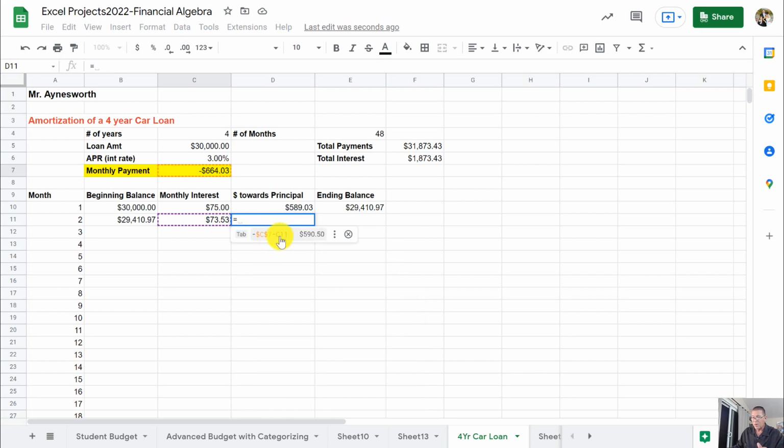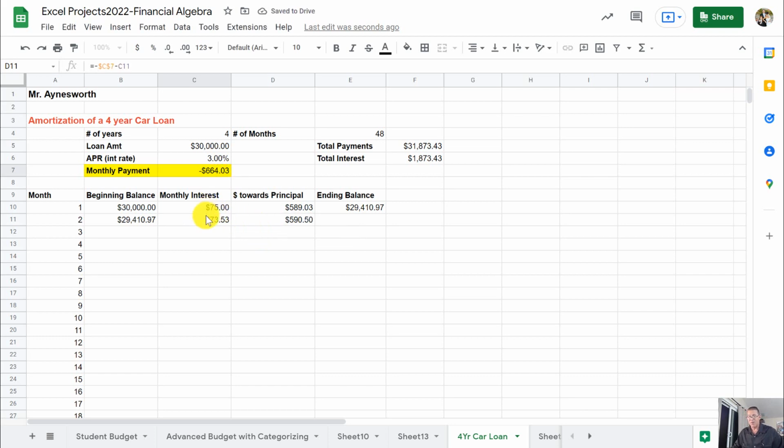Now notice it's giving you a suggestion because we did this earlier above it, in D10 on the first row. We already typed in the correct formula, and so Excel knows what you're doing and applies it to the next cell. If the formula is correct, which in this case it is, you can just click on it and it will type it in for you, which is kind of nice. Or you can just simply repeat the procedure.